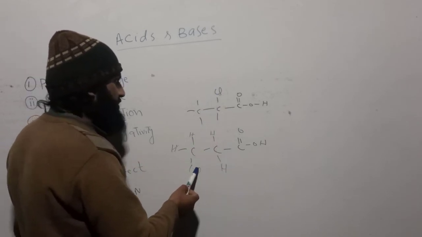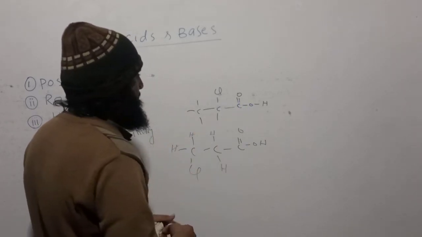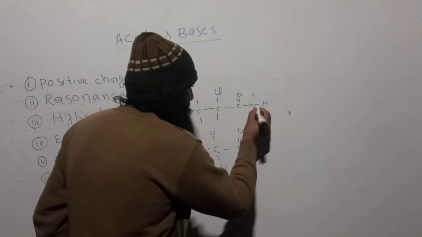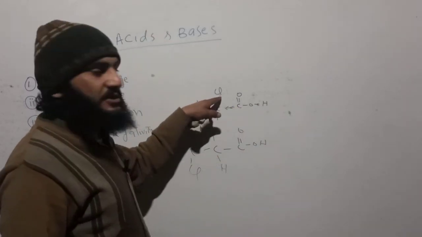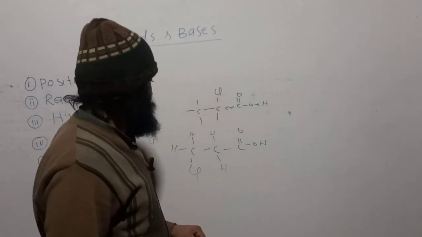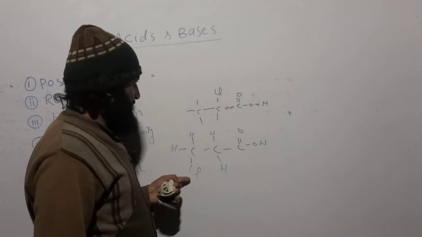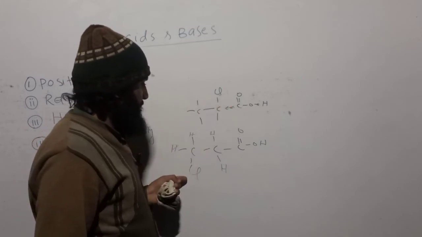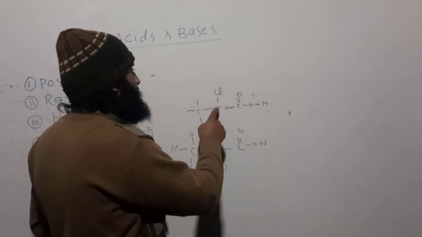If the electronegative atom is nearer to this functional group, the electron density will be attracted toward this electronegative atom. But here the electronegative atom is farther as compared to that, which means it cannot influence this OH as compared to that.